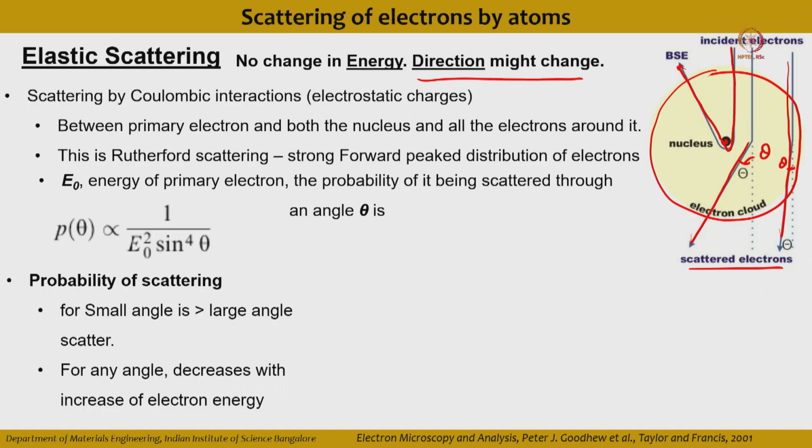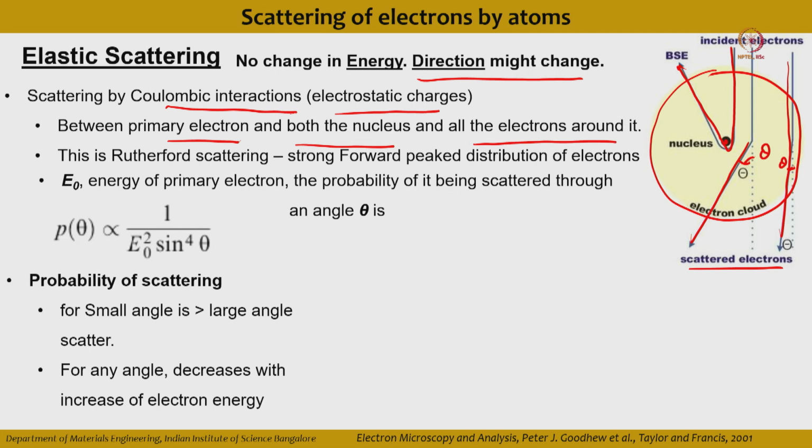Elastic scattering usually occurs by Coulombic interactions, meaning electrostatic charges. You know that the electron is negatively charged and the nucleus is positively charged, so you will have a Coulombic interaction between the primary electron and both the nucleus and all the electrons around it.